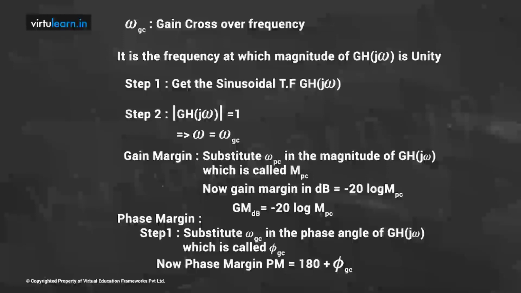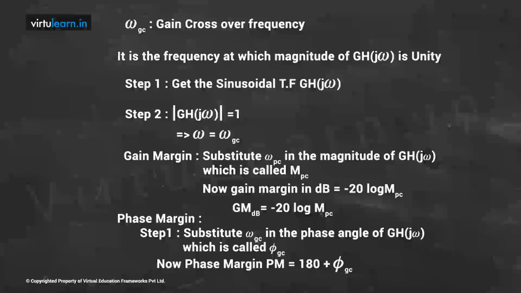We will see what the gain margin is. To find the gain margin, the first step is to find omega PC, which you have already seen. Once omega PC is available, substitute omega PC in the magnitude expression. Wherever omega is there, replace it with the omega PC value, then get the magnitude. That magnitude I will call MPC, the magnitude at omega PC.